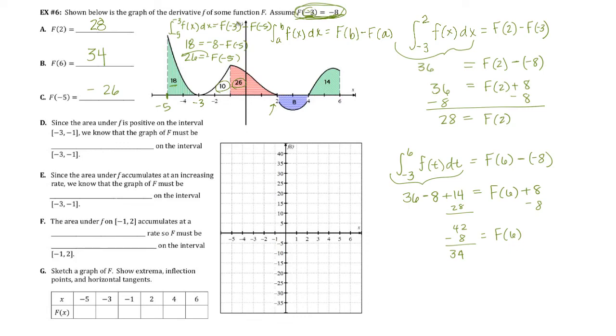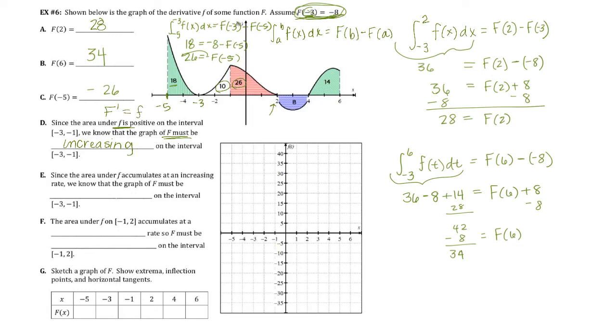All right, so now let's interpret some of what they're giving us. Notice that in part D, it tells us that since the area under f is positive on the interval from -3 to 1, we know that the graph of F must be doing what? Well, that graph must be increasing. And that, again, is because what we're given is the derivative. This is the derivative. F prime equals lowercase f.